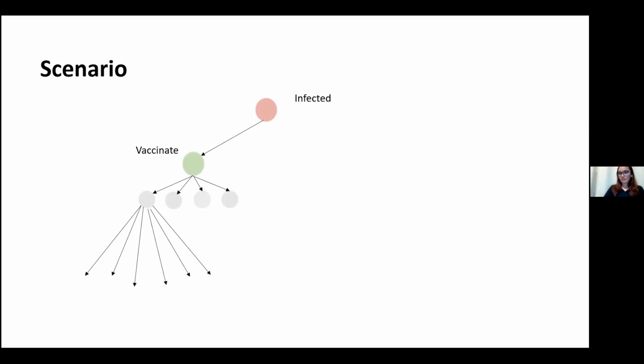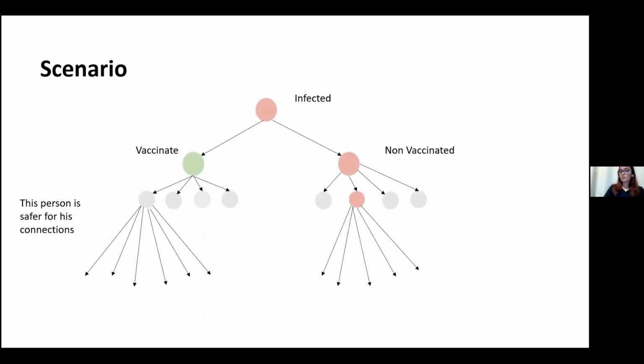As that individual got the vaccination before getting the disease, he is potentially safer for his other connections. On the other hand, what happens if we fail to vaccinate an individual before he gets the disease? He will spread the disease to more connections, and those people will be connected to more other people, and there is a chance that more people will get infected.